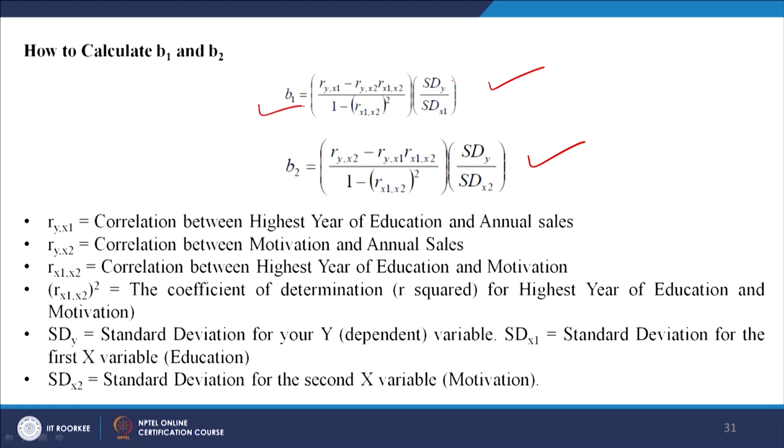Why? Because we are measuring B1, so we will be using x1. For B2 we will be using x2.